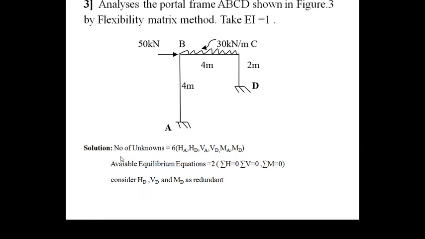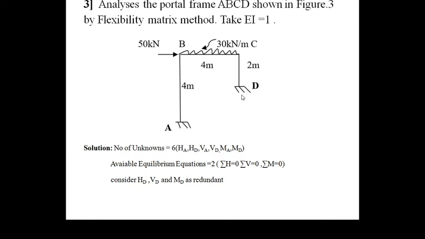You see this solution, number of unknowns. How many unknowns here? One is vertical, horizontal, then moment. These are the three unknowns here. Here at support D, same VD, HD and MD. These are the three unknowns. Totally, how many unknowns are there?